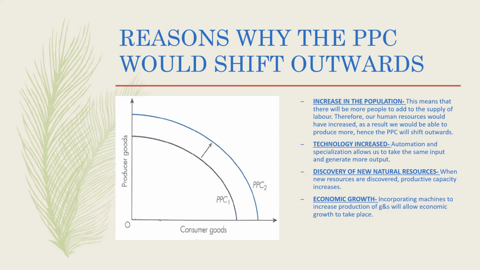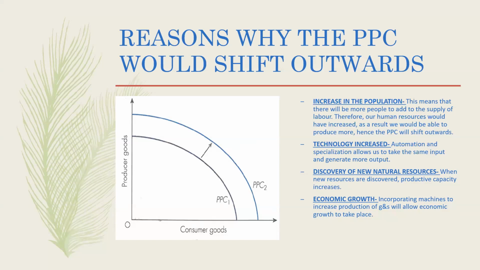Okay. Economic growth, incorporating machines to increase production of goods and services, will also allow economic growth to take place and would also cause this production possibility curve to shift outwards.